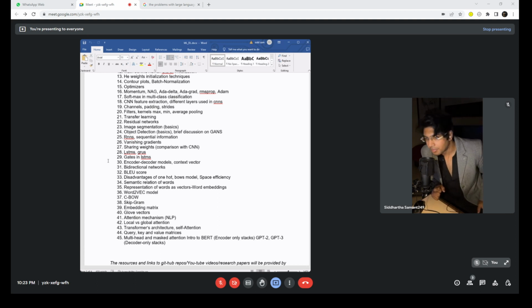Then there's something that I feel you should not try to cover in week 3. I think the point number is 43, starting after 40. So 41, 42, 43, 44, 45: transformer architecture, self-attention, QKV matrices, query key value, multi-head attention, masking, BERTs, GPTs.